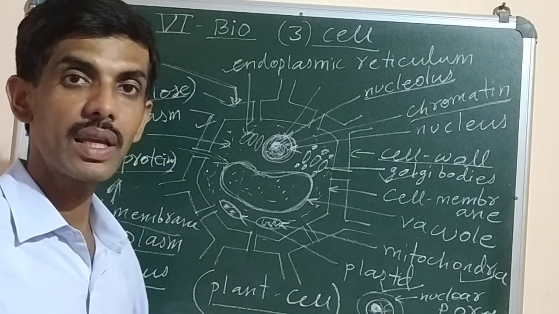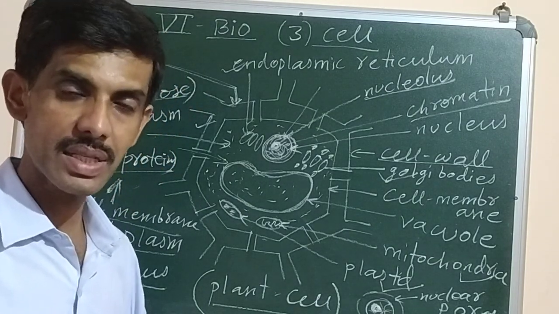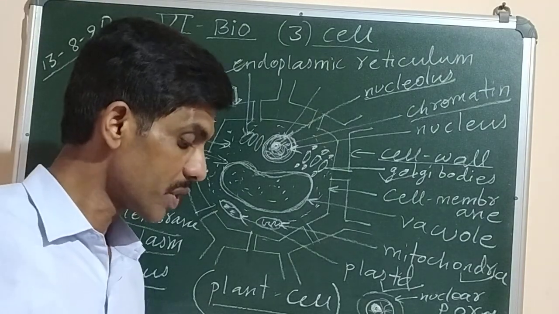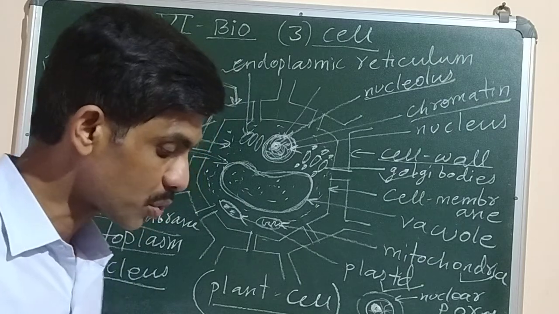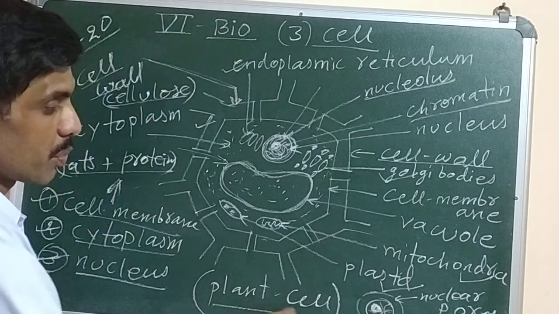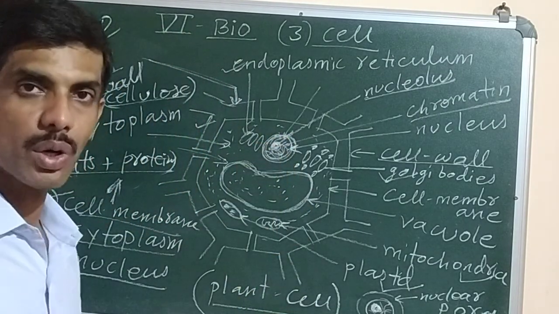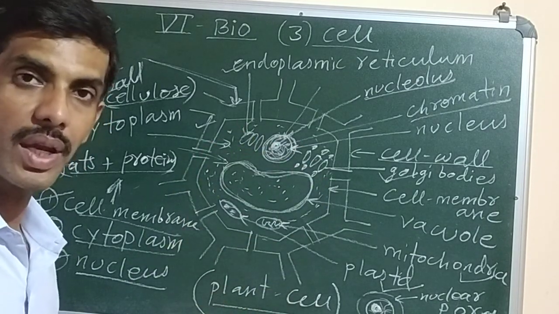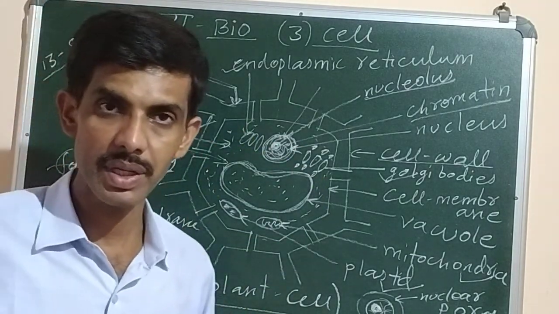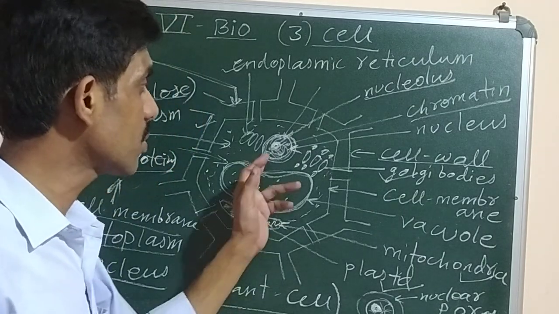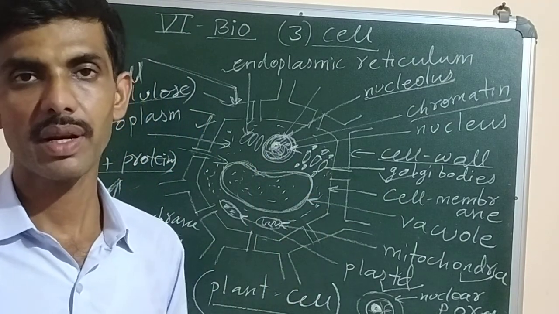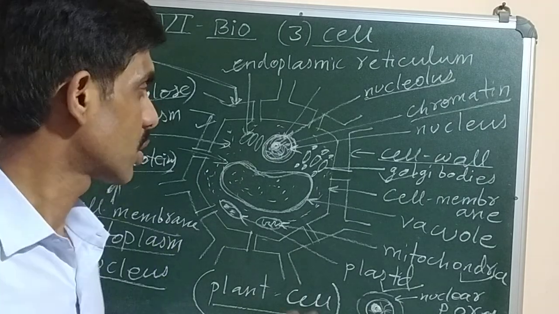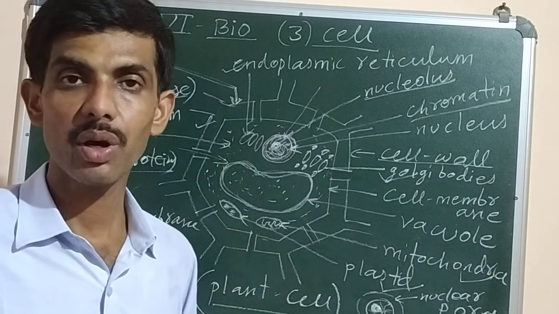The genes are the hereditary substances, that is the material which contains genetic information which is passed from the parents to their children. So because the nucleus controls all the activities of the cell, both metabolic as well as physiological activities, that's why the nucleus is called the control center of the cell or the brain of the cell. Understood? So which organelle is called the control center of the cell?